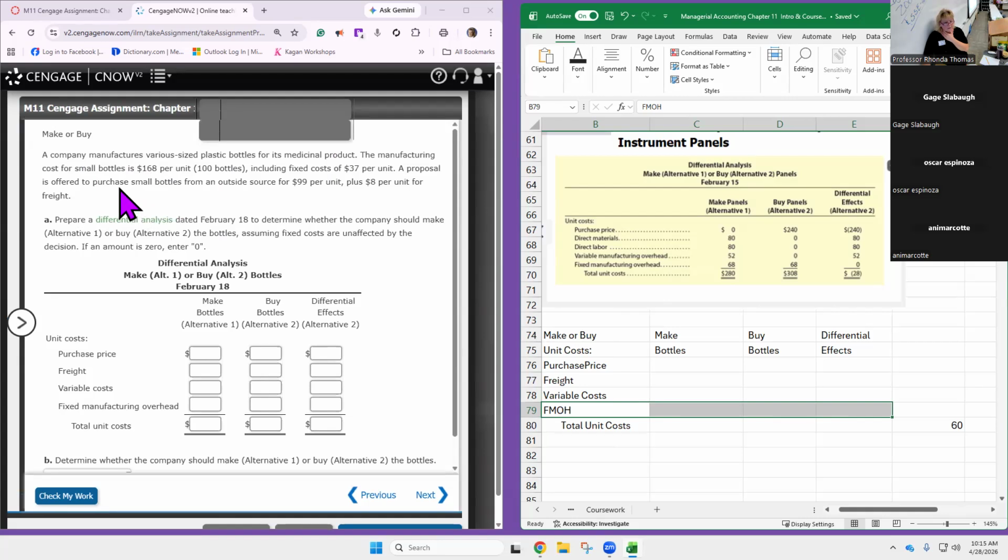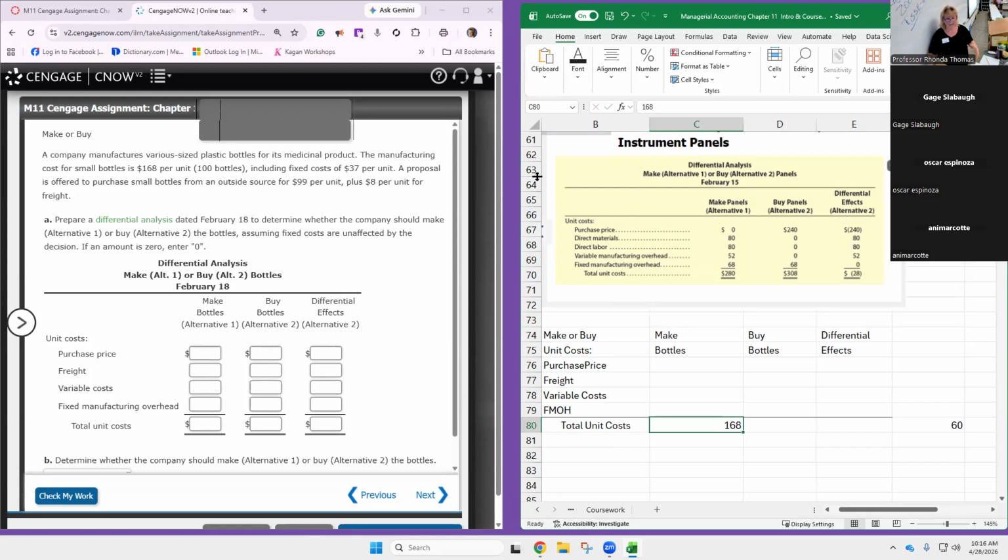So that's the manufacturing cost, and it includes fixed cost of $37 per unit. Okay, so down here under make bottles, weren't we just given how much it takes to make 100 bottles? Yep. So down here at the bottom, we're going to put $168. That's how much it takes to make 100 bottles.